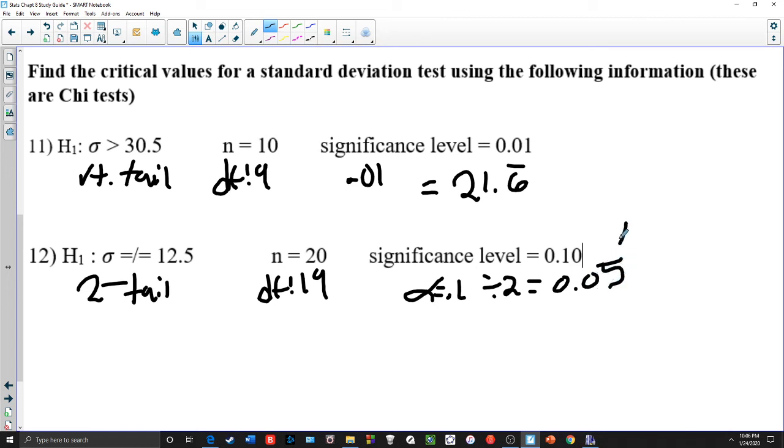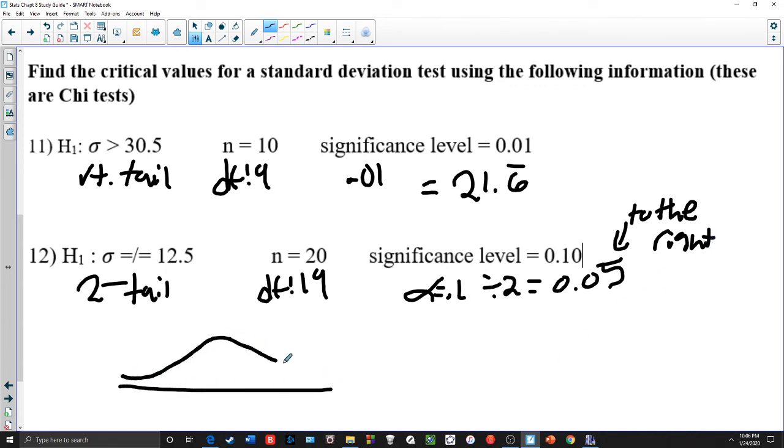And since it's a chi-squared, this is to the right. So this is my quote-unquote positive critical value. If I'm drawing my Humpty Dumpty graph here, let's say my critical values were here and here, because a two-tailed test has two critical values.